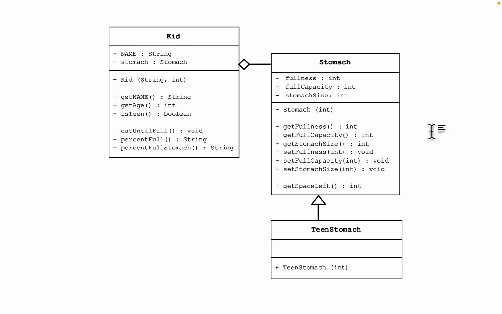A few setters: setFullness, setFullCapacity, setStomachSize, and we've created our own getSpaceLeft method. And then for the teen stomach, we created a separate constructor method, TeenStomach, and that just modified the full capacity for that very special teen stomach.